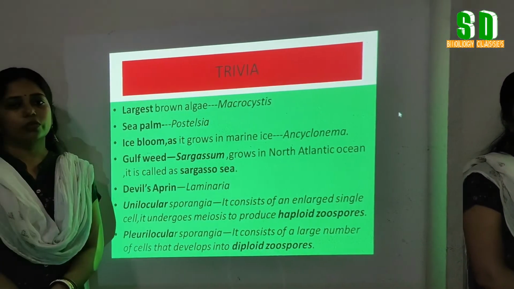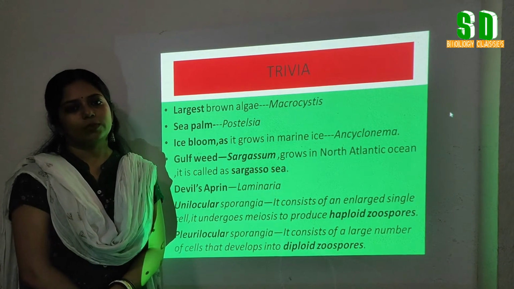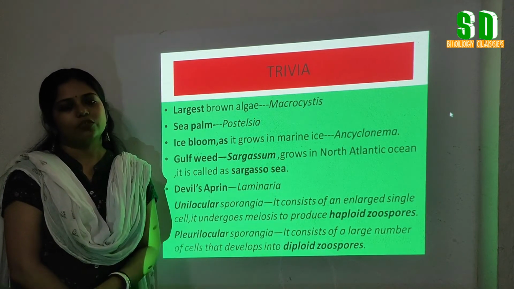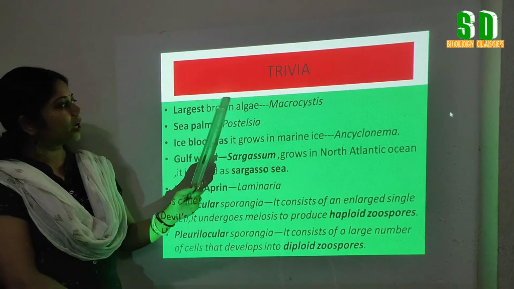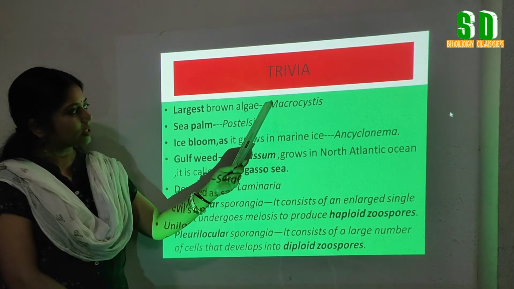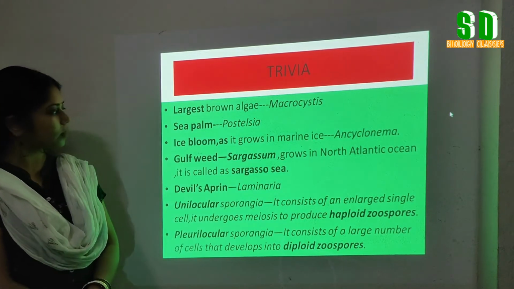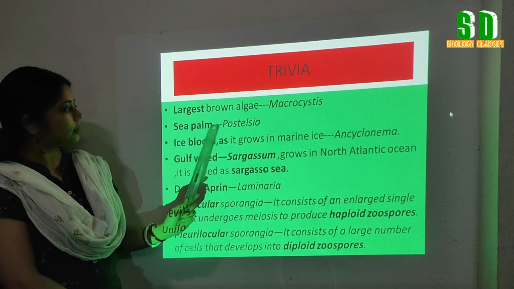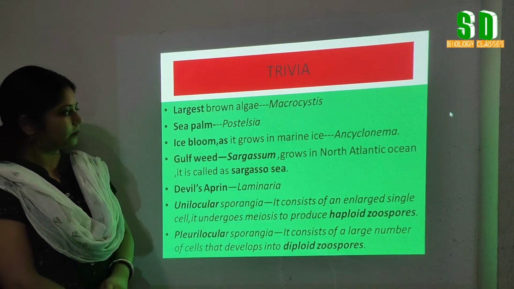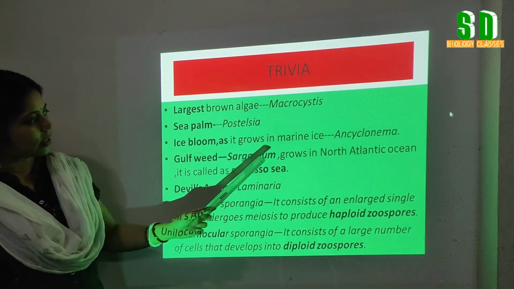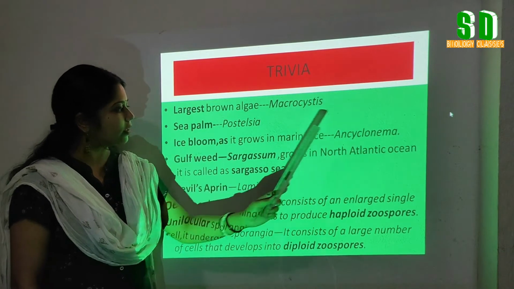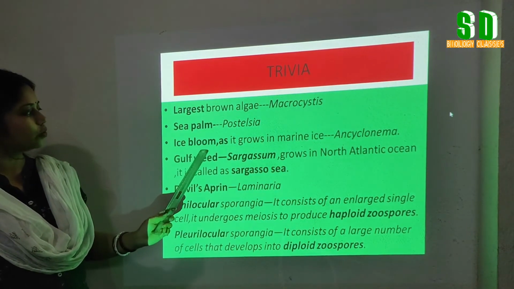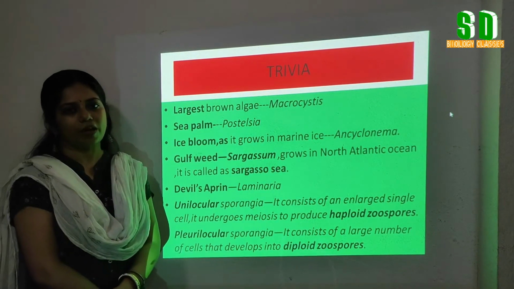Now we are going to discuss some important points about PHAEOPHYTA. The largest brown algae is Macrocystis. Postelsia is called the sea palm, whereas another member of PHAEOPHYTA, Hyalonema, is called the ice broom as it grows in marine ice.